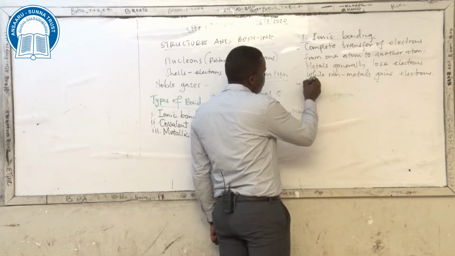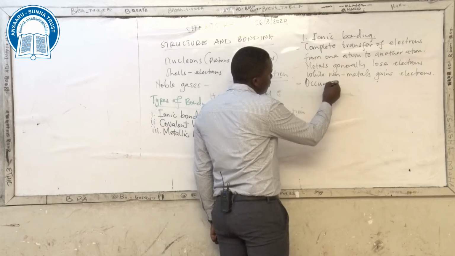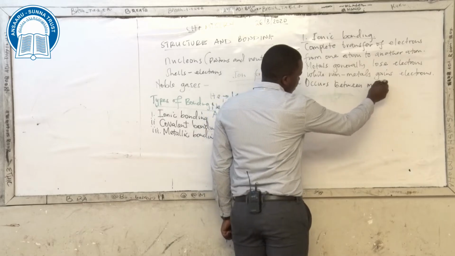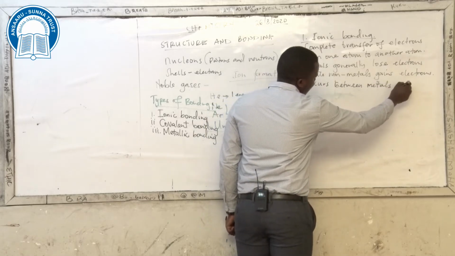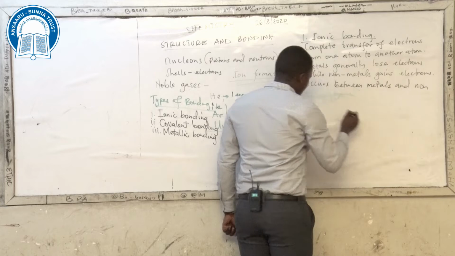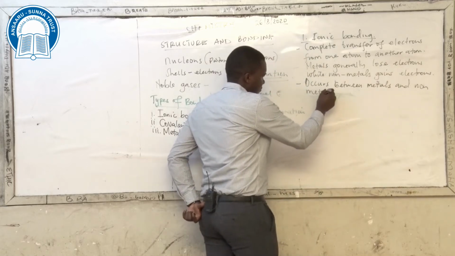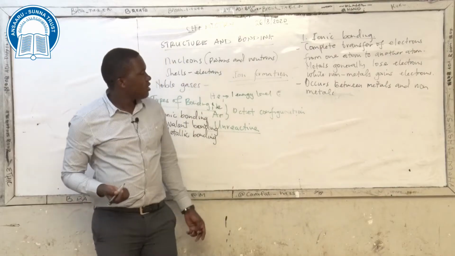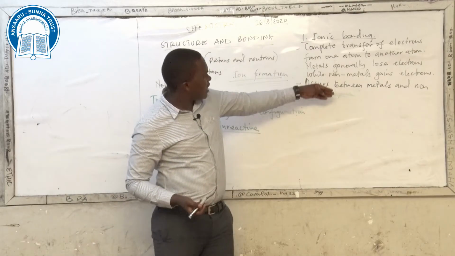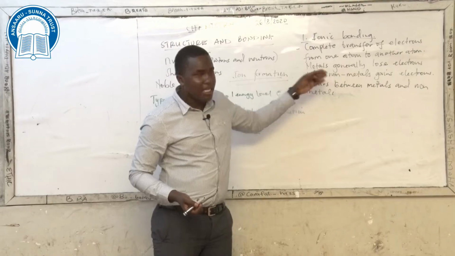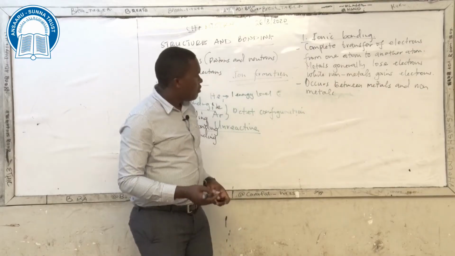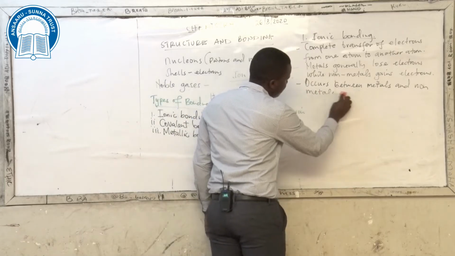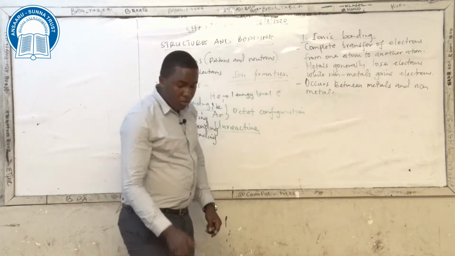So this bond occurs between metals and non-metals. This is because the metals will lose the electrons which will be gained by the non-metals, and therefore we have got examples of ionic compounds, and we are going to do their structure.